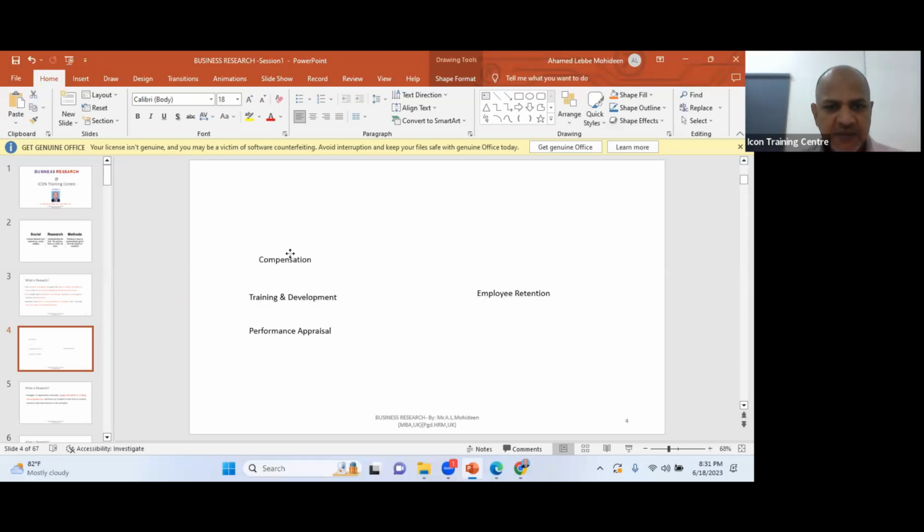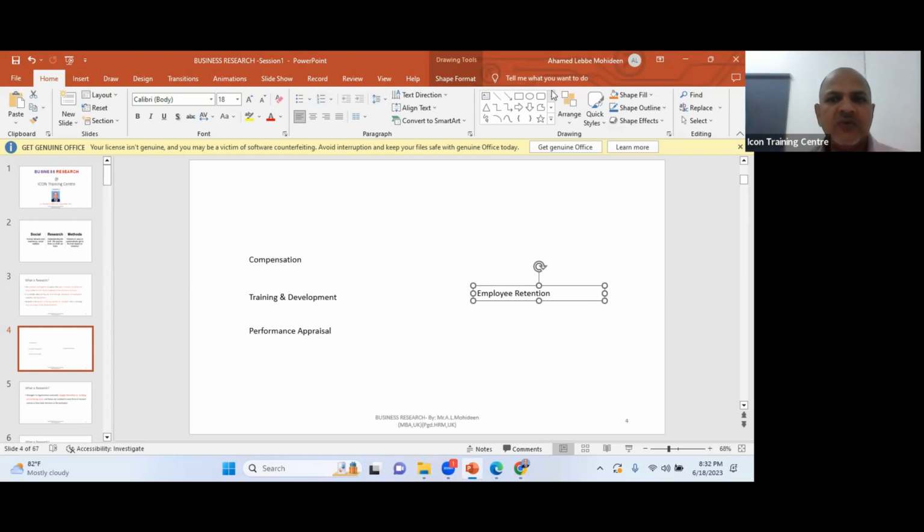Can you tell me what they are? Independent and dependent. Who is independent? These are independent because you are going to see how compensation impacts employee retention. Employee retention depends on this, depends on this, depends on this. So that is the dependent variable.